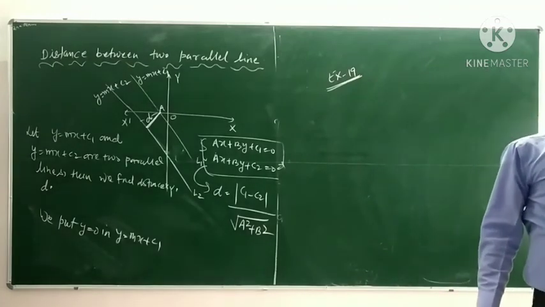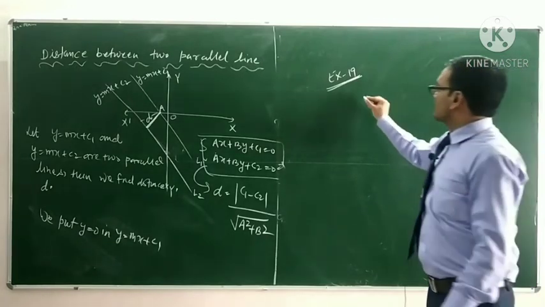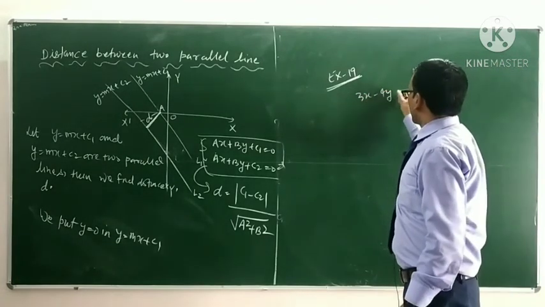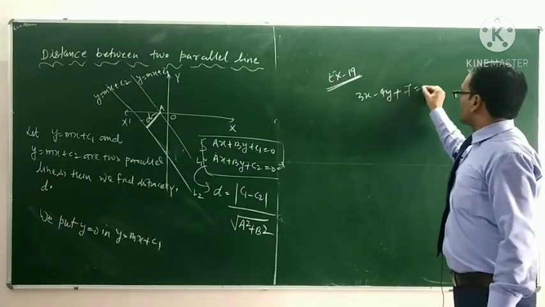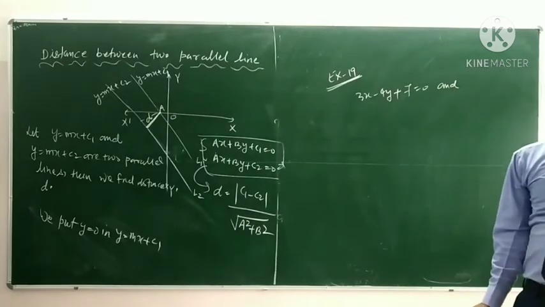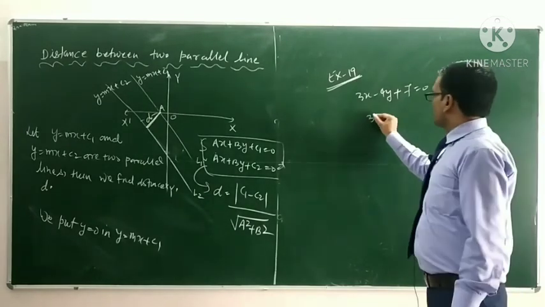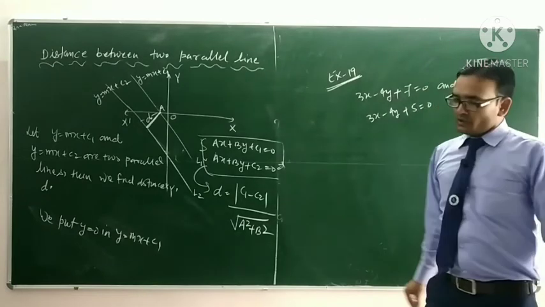Find the distance between the parallel lines 3x minus 4y plus 7 equal to 0 and 3x minus 4y plus 5 equal to 0.